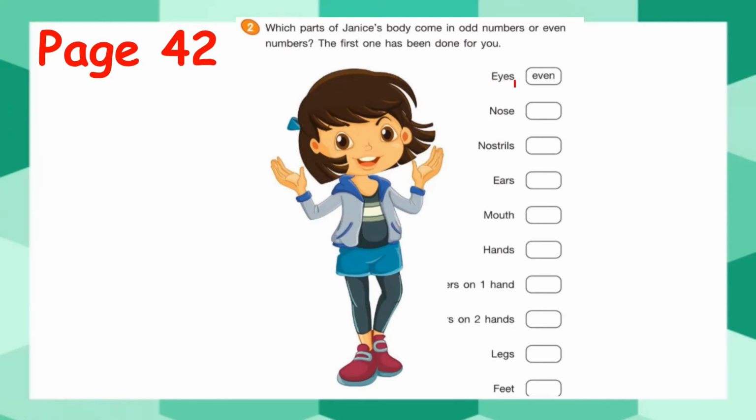Eyes. Okay, so we have 2 eyes. So 2 is an even number. So you are going to write even here. Second word, nose. Okay, how many noses do you have? We have only 1 nose, so 1 is an odd number. You will write odd on the box.